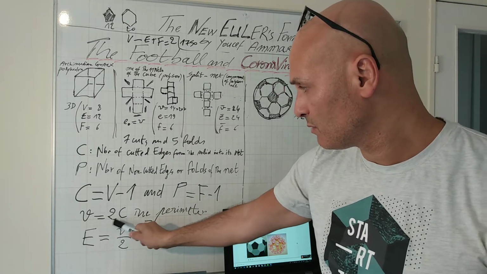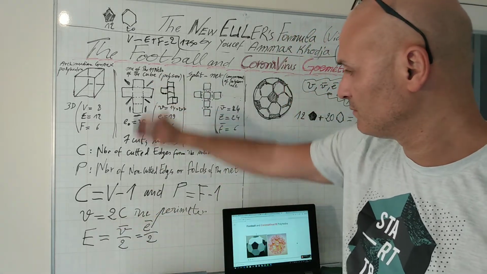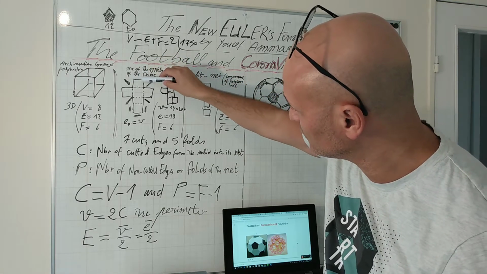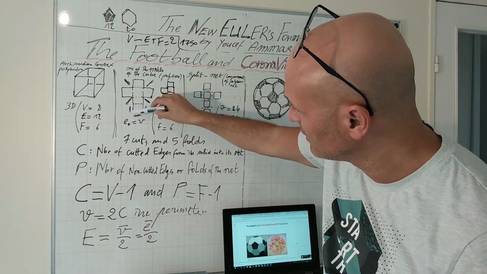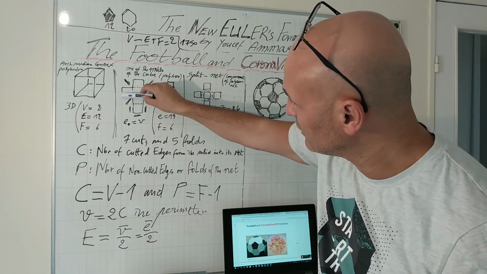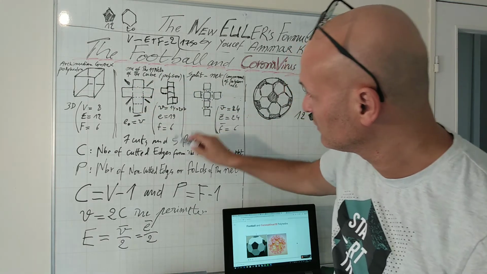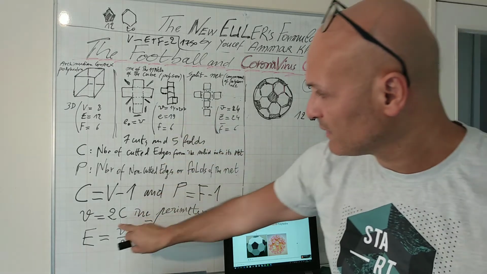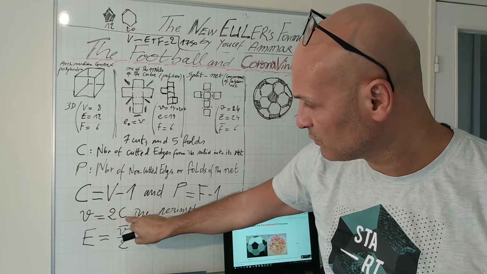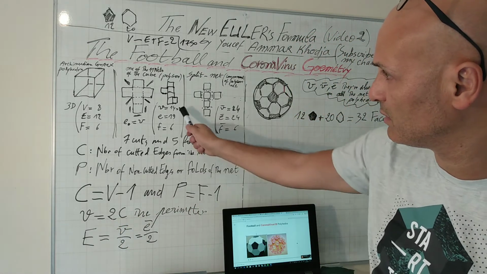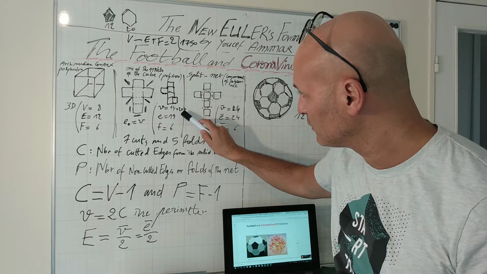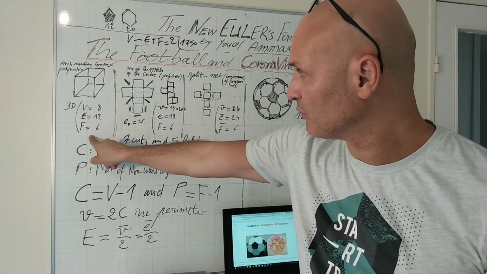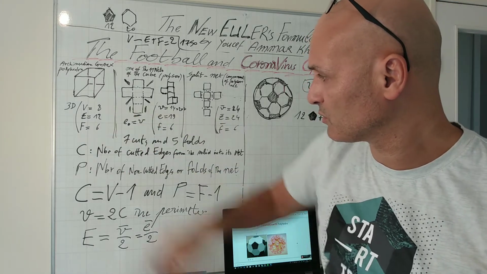Like here, for example, when you go around, number of vertices 1, 2, 3, 4, 5, 6, 7, 8, 9, 10, 11, 12, 13, 14. So here, V bar equals 14. It is always even and equals 2 times the number of cuts. Like here for the cube, 14 equals 2 times 7. We said for the cube that the number of cuts is V minus 1, 7.